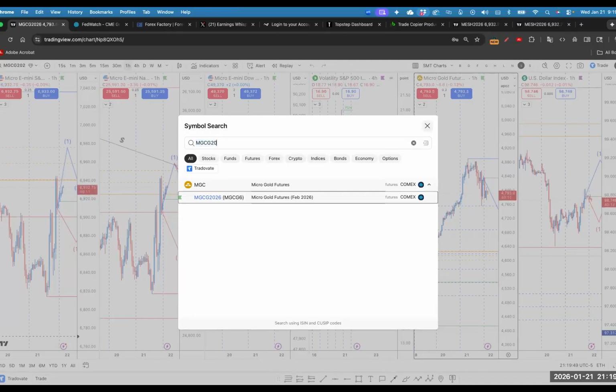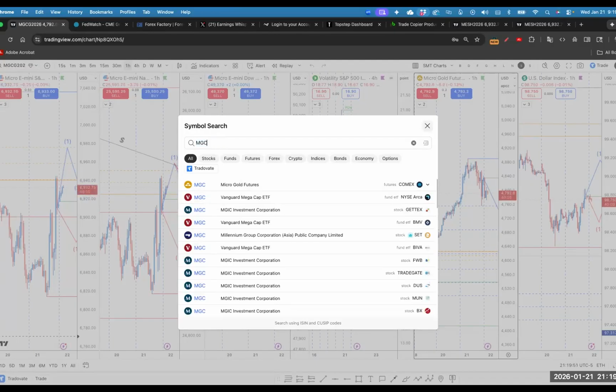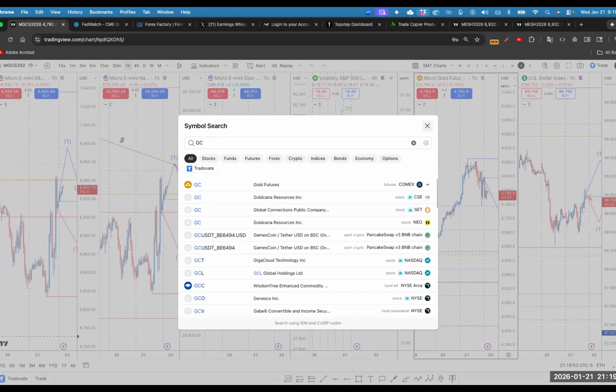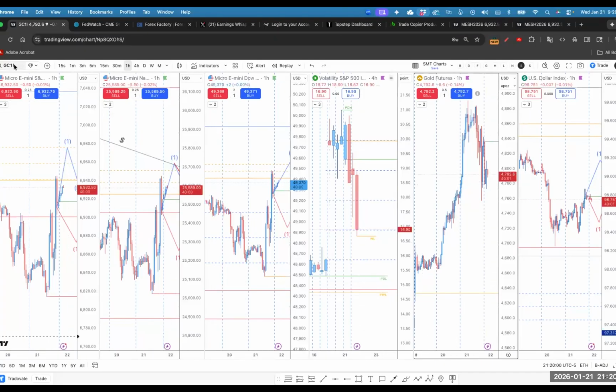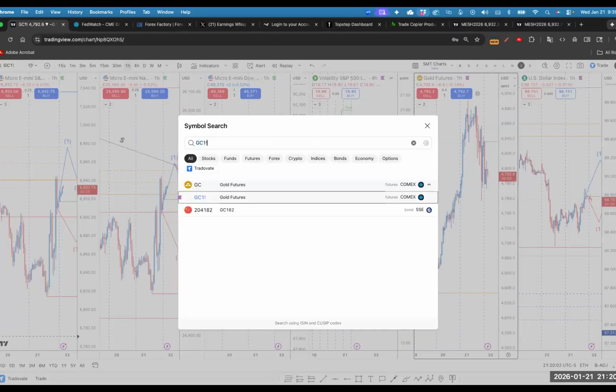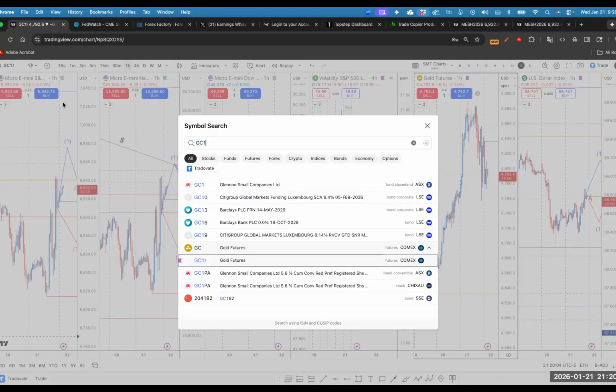Gold is GC. To trade gold futures, the micro is the smaller contract. I said this backwards. The mini is the larger contract, and the micro is the smallest contract. So gold has the micro and the mini.